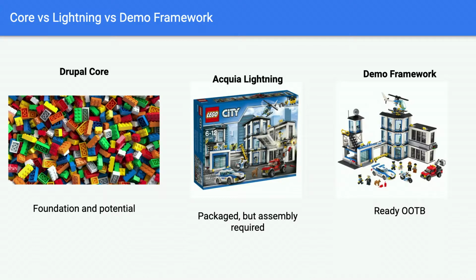Lightning is a little bit more like a packaged kind of thing. It takes care of media for you, takes care of workflow stuff, layout stuff, setting up and configuring a lot of those things. But you still have to build the site. You still have to assemble it. Demo Framework is more like the setups you see in the Lego store. It's already built. It's already baked. It's already done.